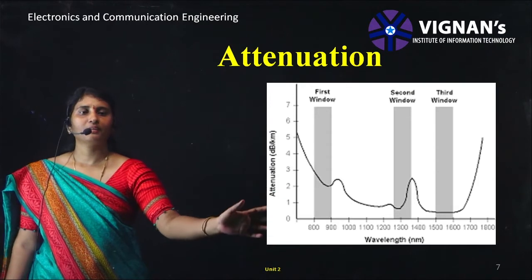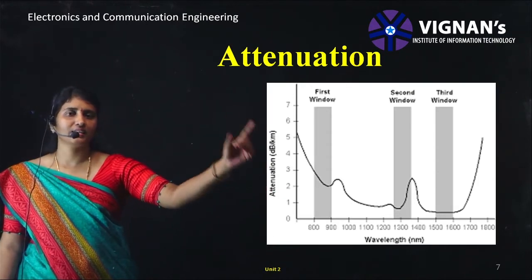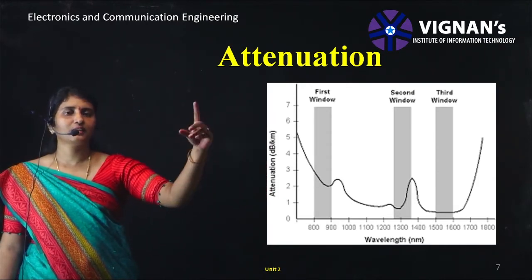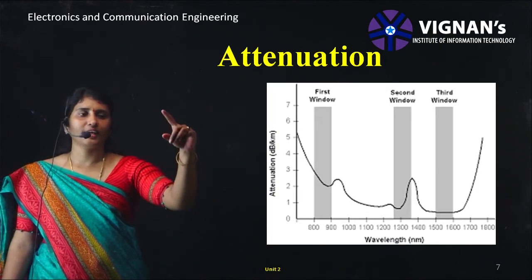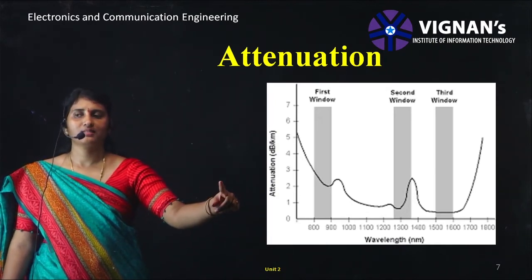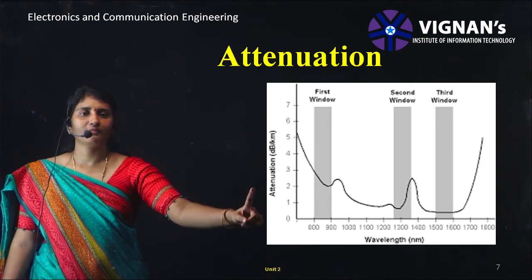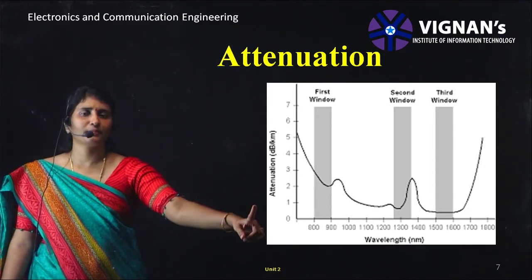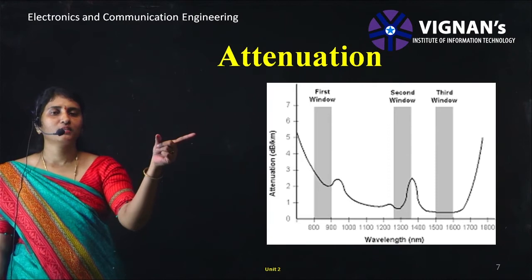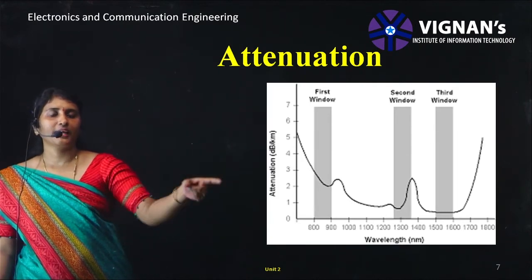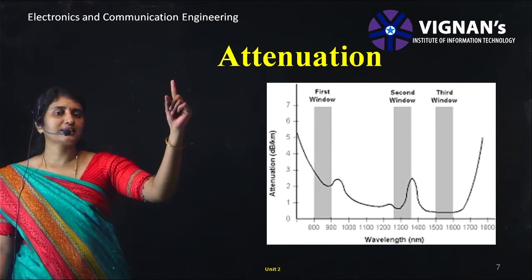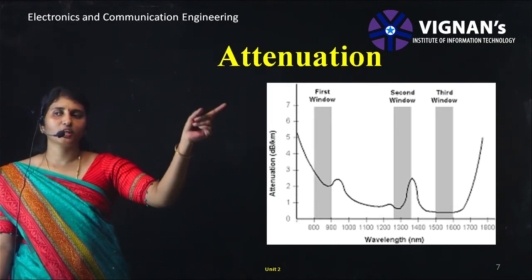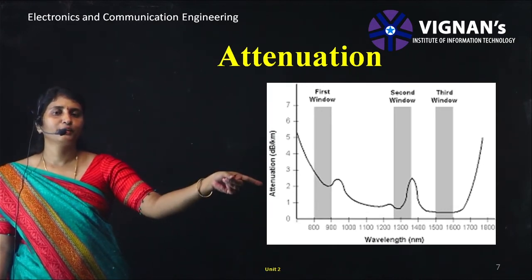Generally, optical wavelengths are in these three windows only. Here you can see the attenuation at the lower wavelengths is very less, whereas when the signal is operating at the second window, that is 1300 nanometers, the attenuation has increased drastically. At the higher wavelength, that is your third window, it has been reduced.